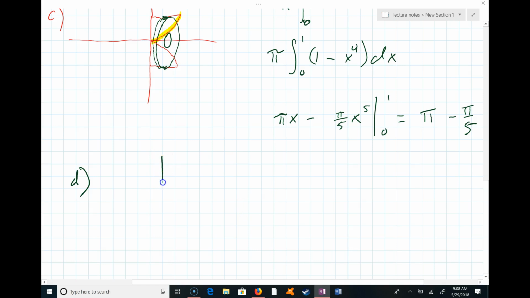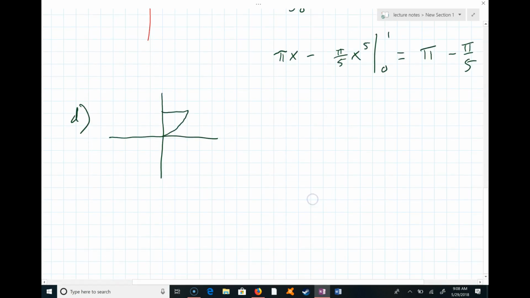So let's draw the R again. Find the volume of the solid obtained by rotating R around the line. Oh, now this gets interesting. X equals -2. Dun, dun, dun, dun. There's my line of rotation.